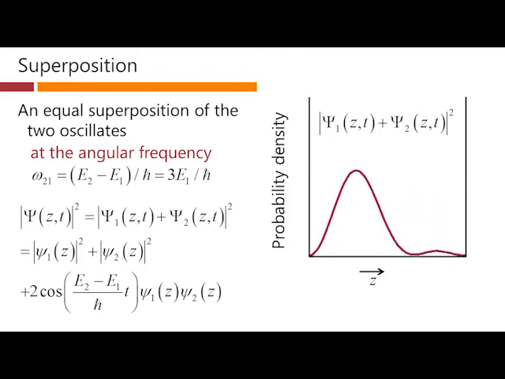This, of course, is a solution of Schrödinger's time-dependent equation, the sum of these two wave functions here. And when we look at the probability density, we find it's oscillating from side to side in the well. So finally, we have some actual time-dependent behavior in this measurable quantity, the probability density, as a function of position z inside our well.